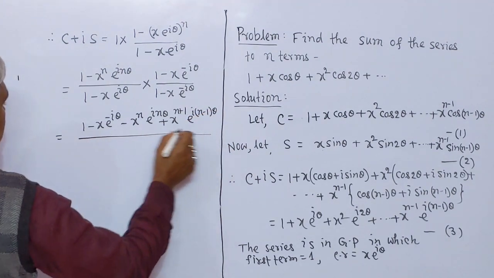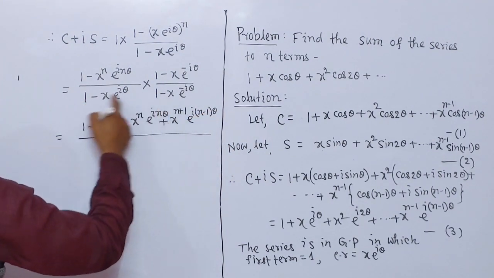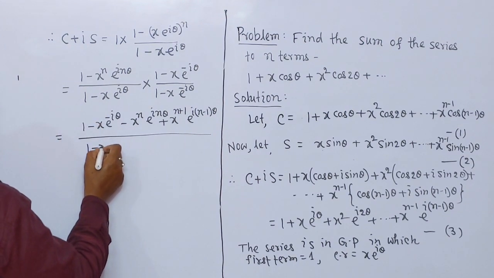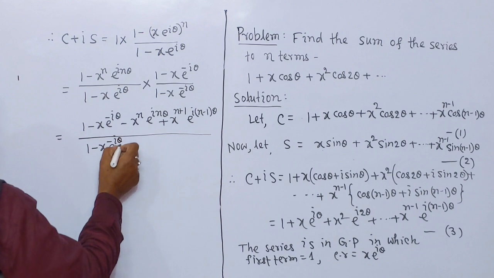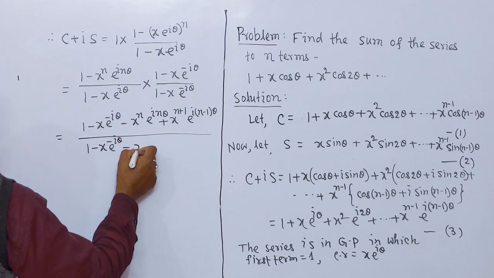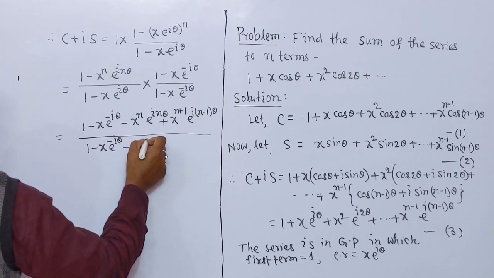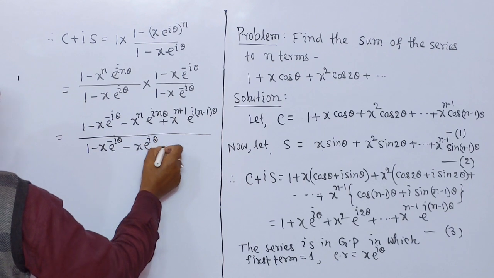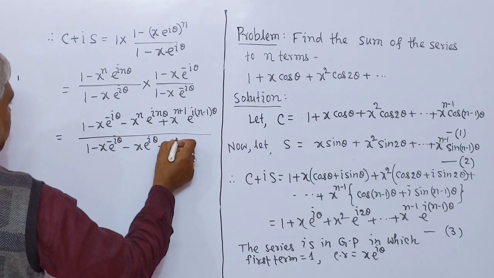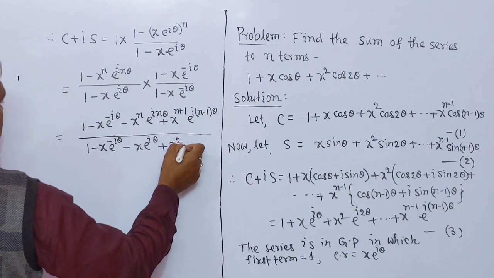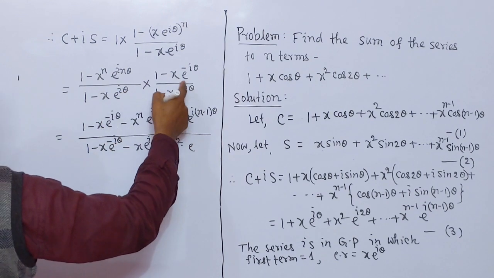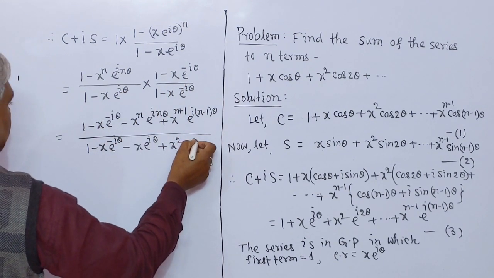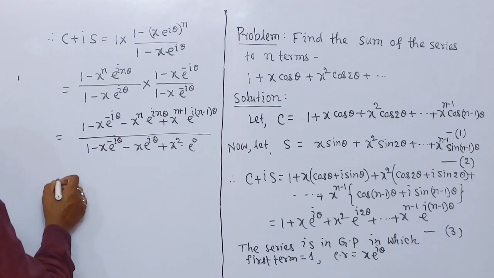And in the denominator, we multiply by 1 minus x e to the power minus i theta: 1 minus x e to the power i theta, minus x e to the power minus i theta, plus x square e to the power i theta minus i theta, which is e to the power 0.